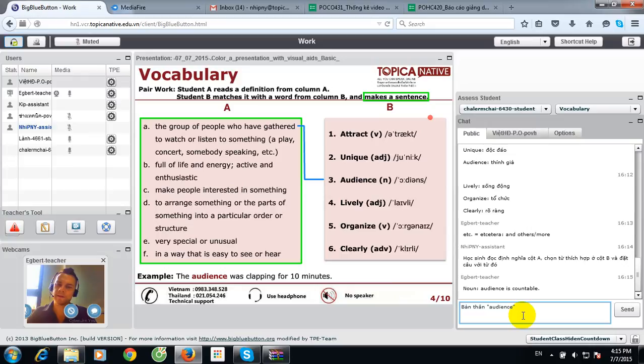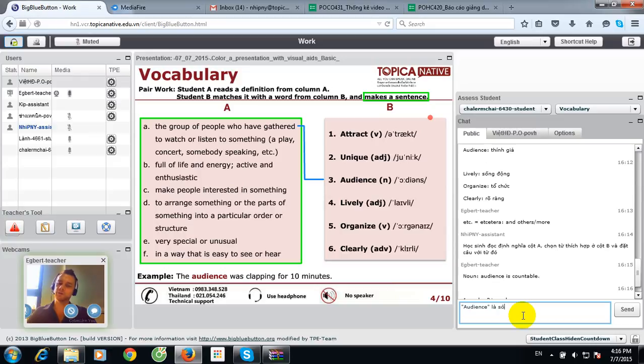Yes. So that means 1 apple, 2 apples. So 1 apple, 2 or more apples. So that means countable because you have a singular and we have the plural.